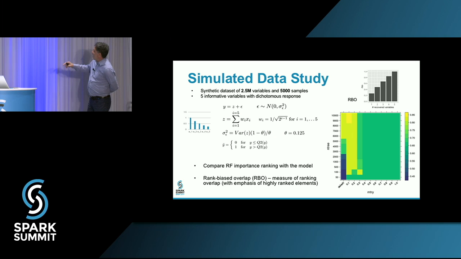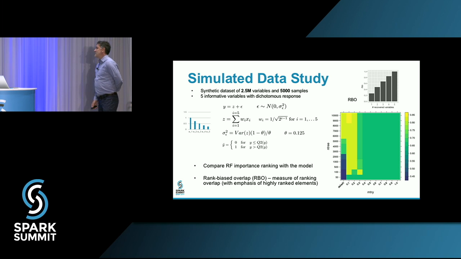For quite a wide range of parameters and numbers of trees, we're able to recover at least 2 variables, and the best model was able to recover 4 of them perfectly. So 4 of them were in the right top positions, and the 5th was a little bit behind. This is quite a good result, even with a lot of noise, because the model was quite noisy. We were actually able to find what we were looking for in this simulated example. It is very basic, but it shows that it essentially works.